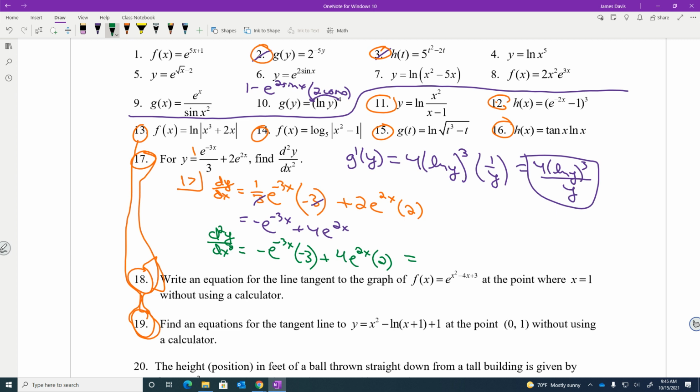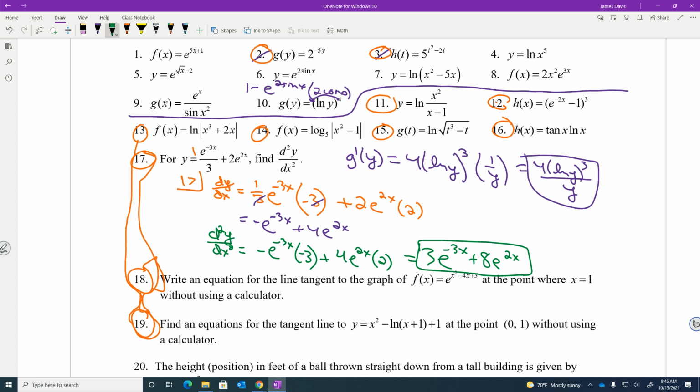So then that becomes positive 3e to the negative 3x plus 8e to the 2x. So basically what happens is you just multiply this one by negative 3 twice, and you multiply that one by 2 twice.